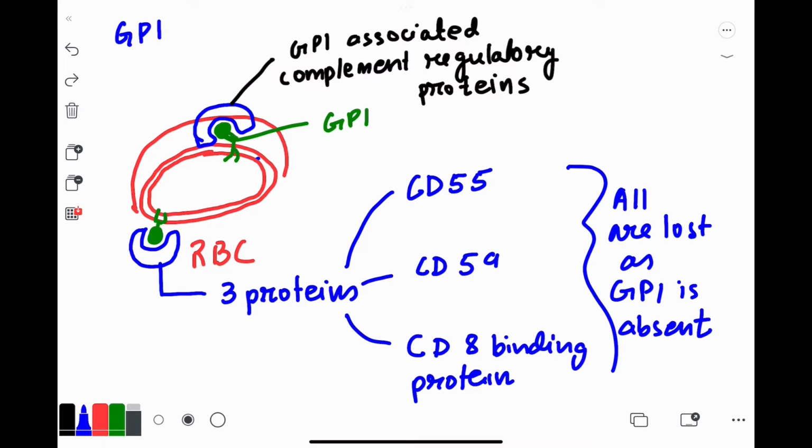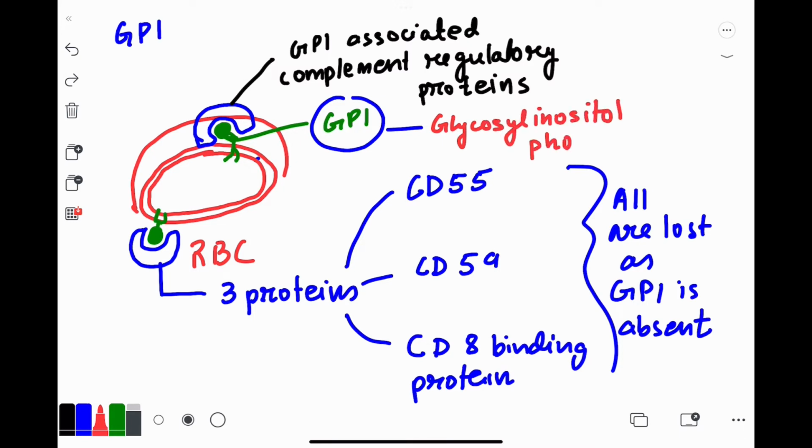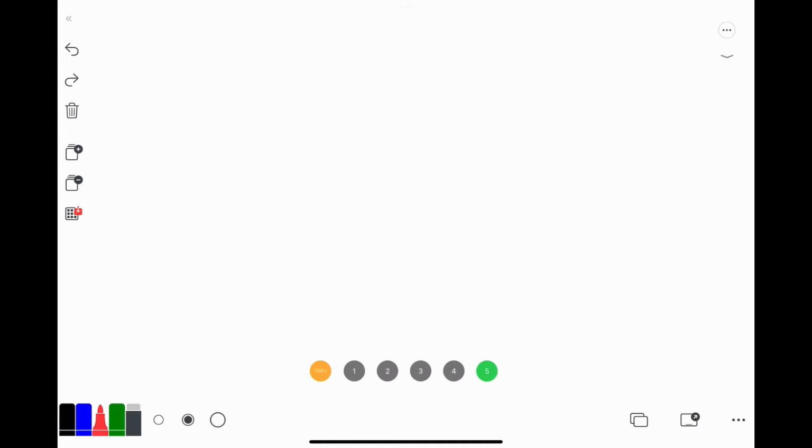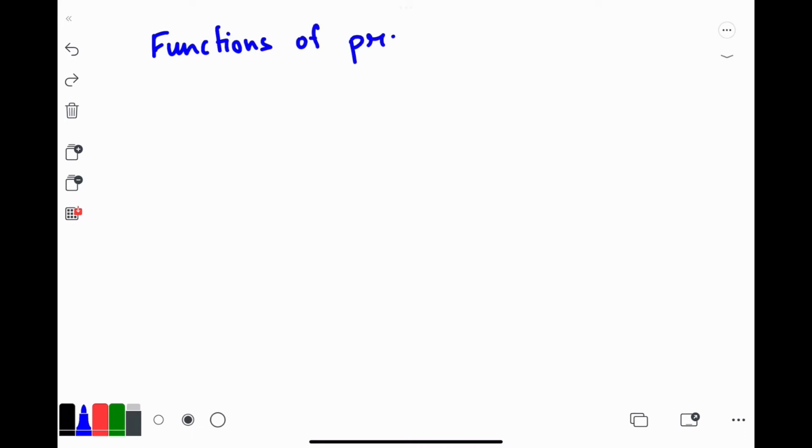Now coming to the next part, what are the functions of these GPI associated complement regulatory proteins? And GPI full form is glycosyl phosphatidyl inositol, not glycosyl inositol phosphate, it was a writing mistake. Now the function of the proteins.